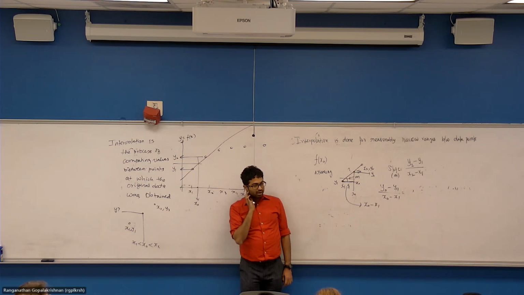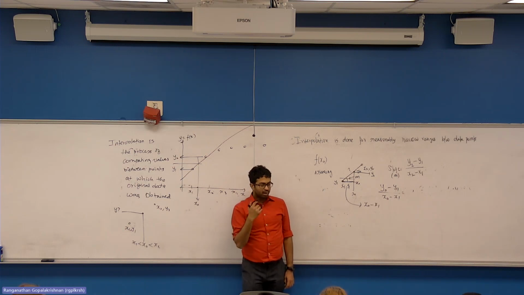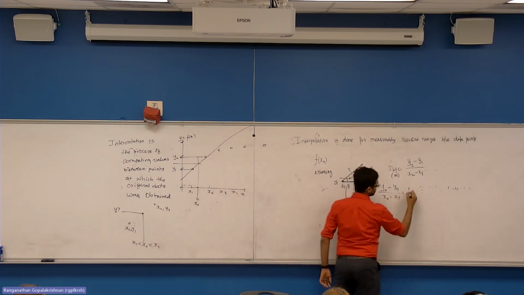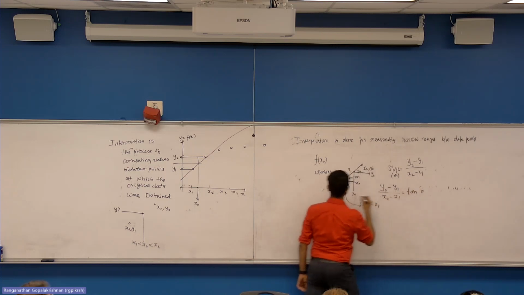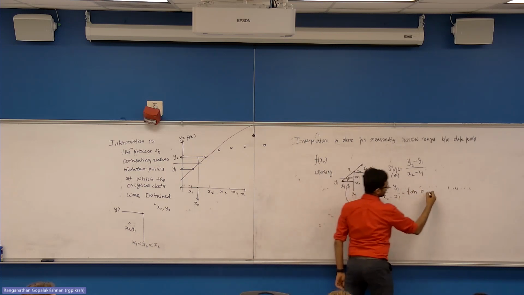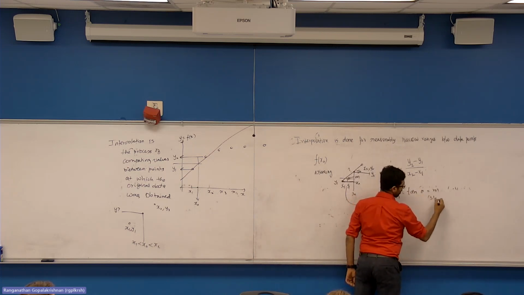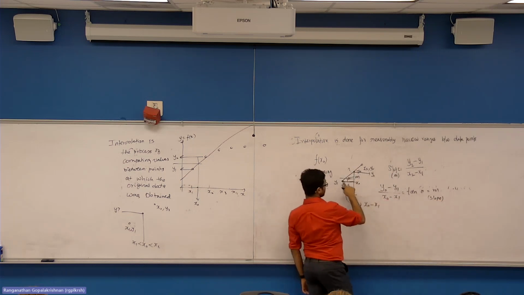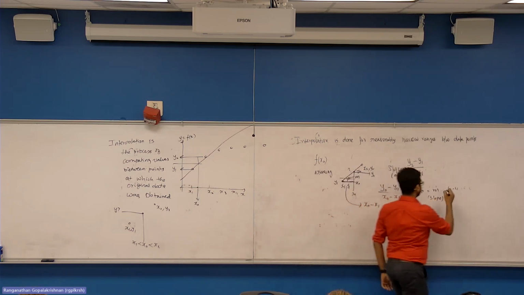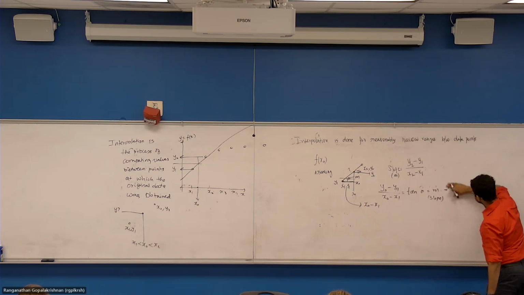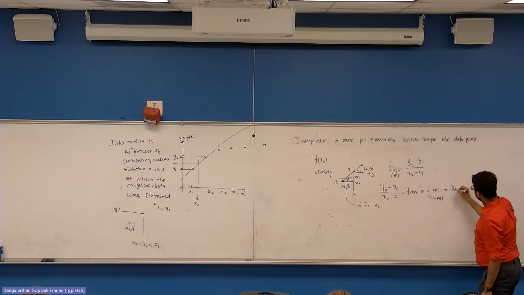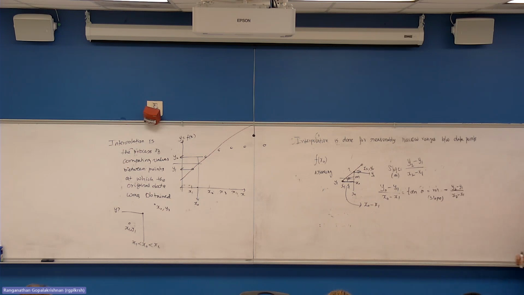No, tangent. So this is tangent of theta, if I call this angle theta, which is nothing but m, the slope. And you do know that the slope is approximated using the 2 points, which is y2 minus y1 divided by x2 minus x1.